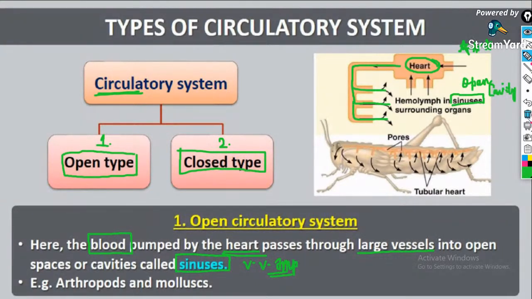In animals having an open circulatory system, all the internal organs are bathed in blood.